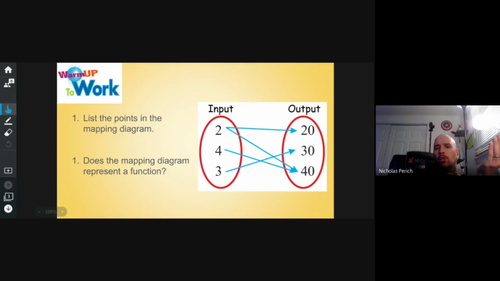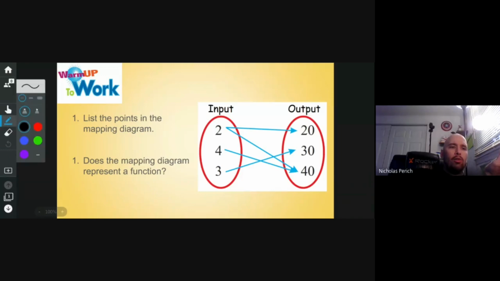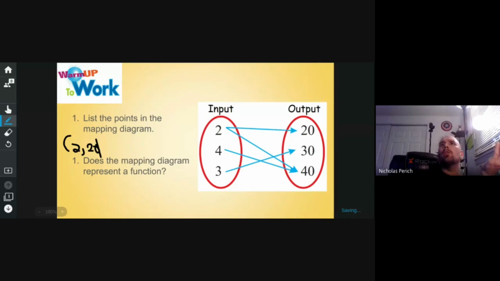So as you can see, 2 goes to 20. So I have a point that is (2, 20). And that's supposed to be a 2, and it's not even close to being a 2. So let me try again. (2, 20). Wow. Let me close out of a few things. Maybe that's why my computer is slow.